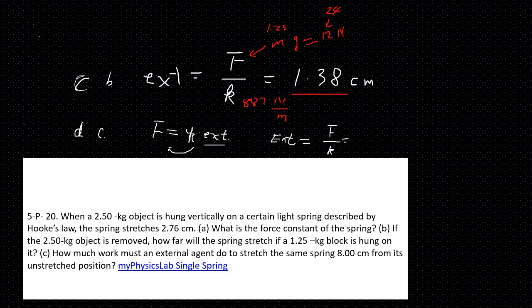So in this case, oh no, we are asked to calculate the force. So then the force will be simply multiplied. We just directly apply this. So it's 887, and let's put the units. This is newtons per meter.